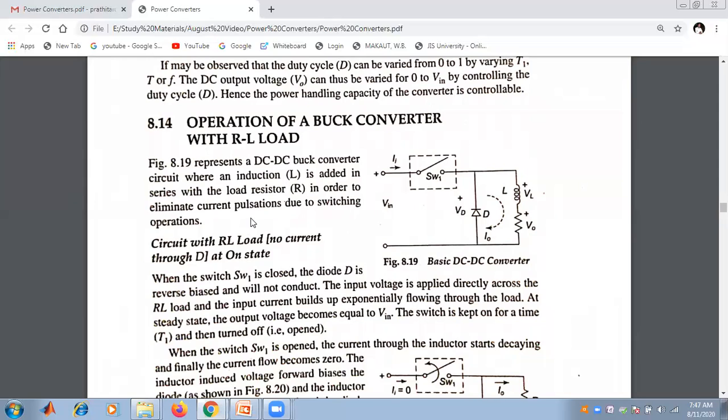So in order to eliminate the current pulsation due to the switching operation, we are adding an inductor L in series with the resistance R.